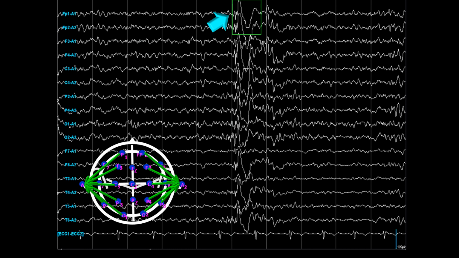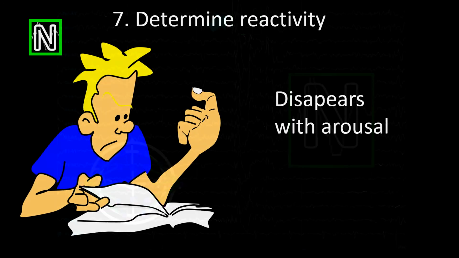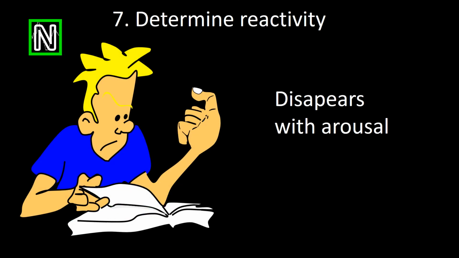I have also introduced in this epoch a green rectangle to call your attention to the huge N wave present, which I have augmented further in this frame to show you the resemblance between the N wave and the letter N. This wave disappears with arousal.